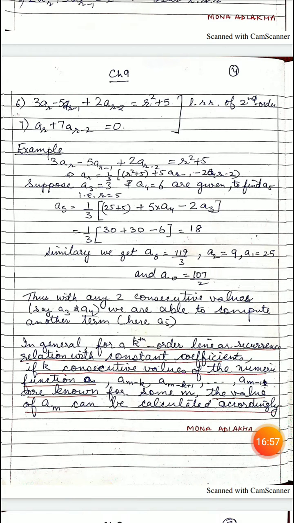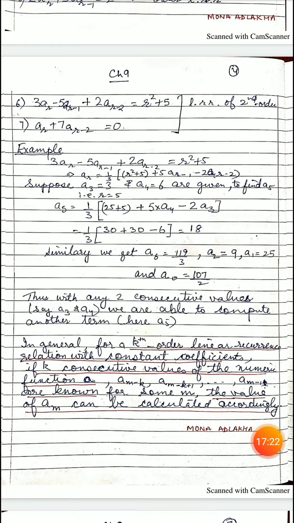So what have we seen here? With any two consecutive values, in this case a_3 and a_4, we are able to get all the terms of the sequence. I can get the previous ones, that means a_0, a_1, a_2, and also the ones beyond the given terms. I can also find a_5, a_6 and subsequently.